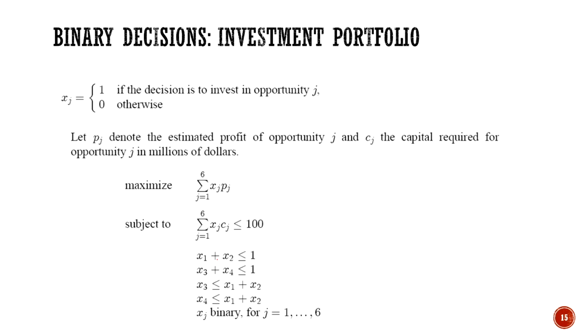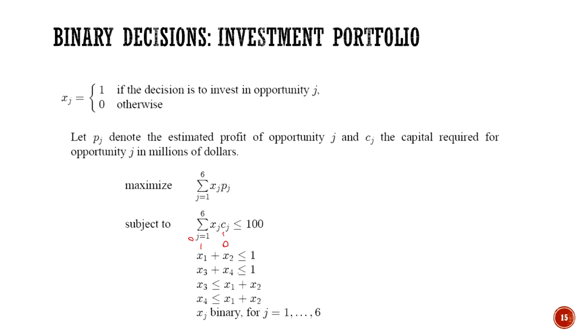So the first constraint ensures that option 1 and 2 are mutually exclusive. If I choose option 1, then x1 is equal to 1. Then x2 has to be 0. Now, if x2 is 1, then x1 has to be 0 because their summation should be equal to or less than 1. The same for opportunities 3 and 4.